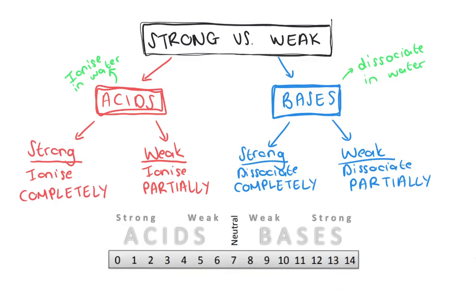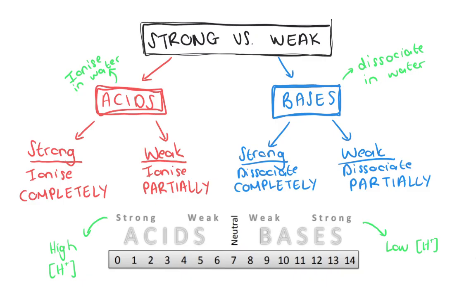So remember, the pH of a solution is a number that represents the acidity or the alkalinity of a substance. So the greater the concentration of the hydrogen ions in a solution, the more acidic the solution and the lower the pH will be. And if there's a lower concentration of hydrogen ions in the solution, the more alkaline the solution would be and the higher the pH.